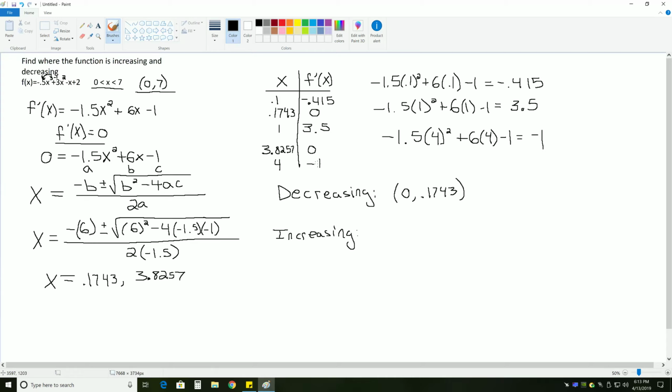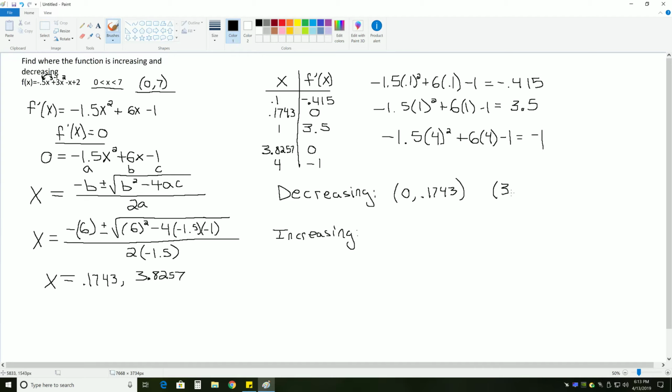Now notice that we also have a negative value here when x equals 4. So that means if we go to the first value where we're no longer negative, when our first derivative is equal to 0, that's at x equals 3.8257.